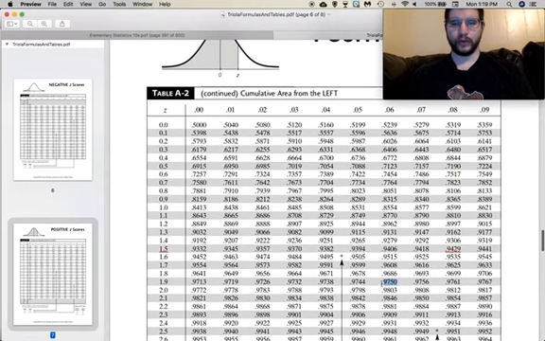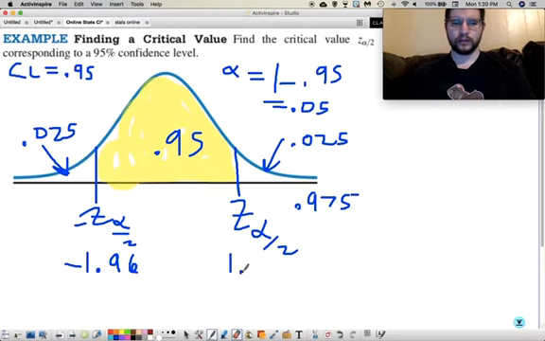Yep, 0.9750. And that'll always be the case whenever we're dealing with these confidence intervals. It's right in the middle, so it's going to look for the z-scores that are right on that border, right here. They're going to be the same value. Just one's going to be negative, one's going to be positive.